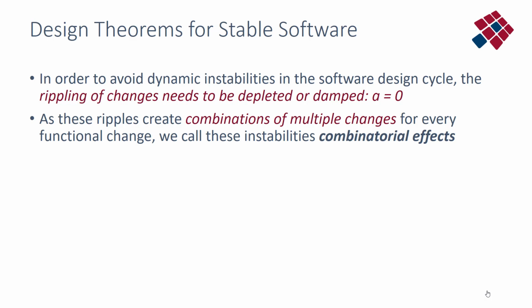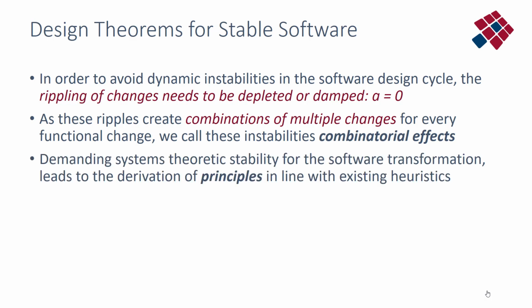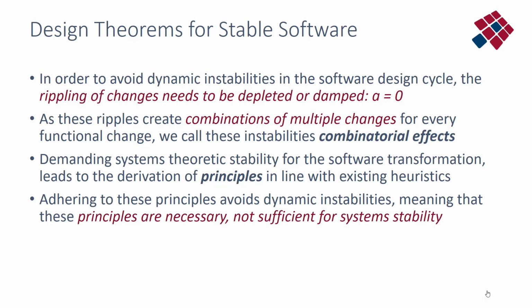And we call these ripple effects combinatorial effects because they correspond to combinations of multiple changes, and we ask that there are no dynamic instabilities, and by asking that we derive some principles which will turn out to be in line with existing heuristics. Of course, these principles are derived based on reductio ad absurdum, and so they are necessary, not necessarily sufficient, to obtain system stability.